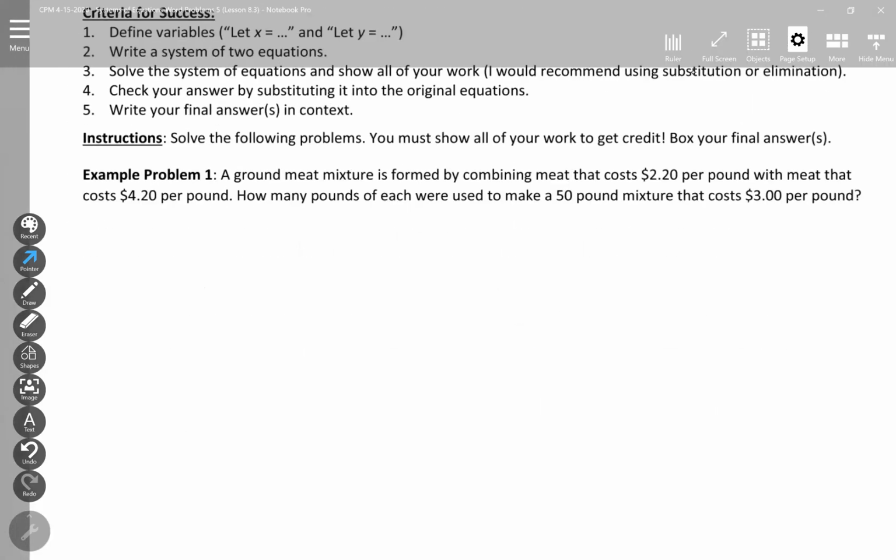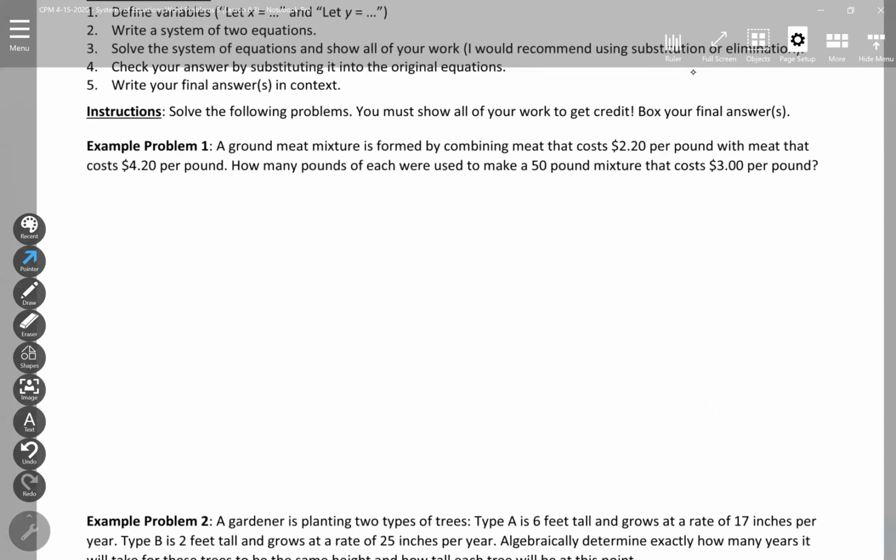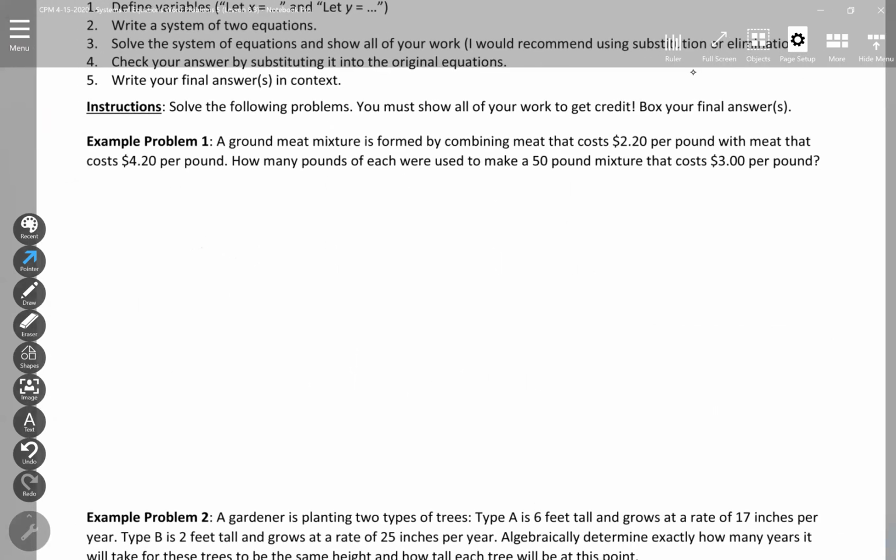So let's remember our first step here. We need to define the variables. A lot of times those variables are going to be in that last sentence. Here it's asking how many pounds of each, so that's really giving us our variables. We have two types of meat, the $2.20 meat and the $4.20 meat. Let's use C for the cheaper meat.